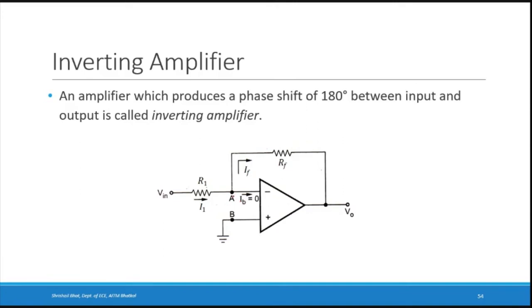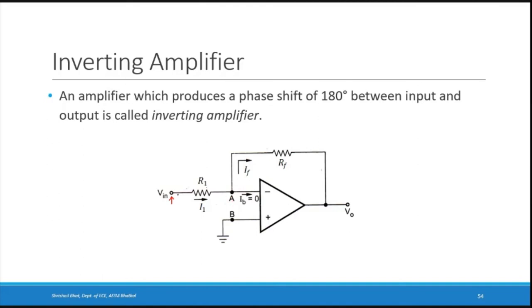Now we will write the expressions for the currents I1 and IF. What will be the current I1? Current is equal to voltage difference divided by the resistance, right? This current I1 is the current through the resistance R1, which is the voltage across R1 divided by R1. Now what is the voltage across R1? At this particular end, the voltage is V in, and at this end, the voltage is VA.